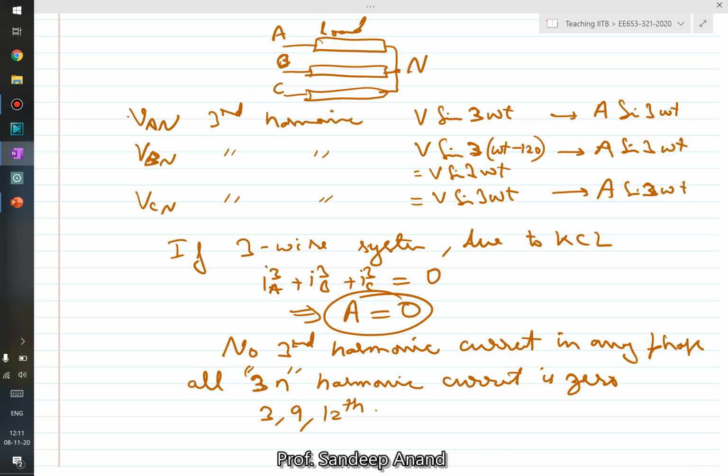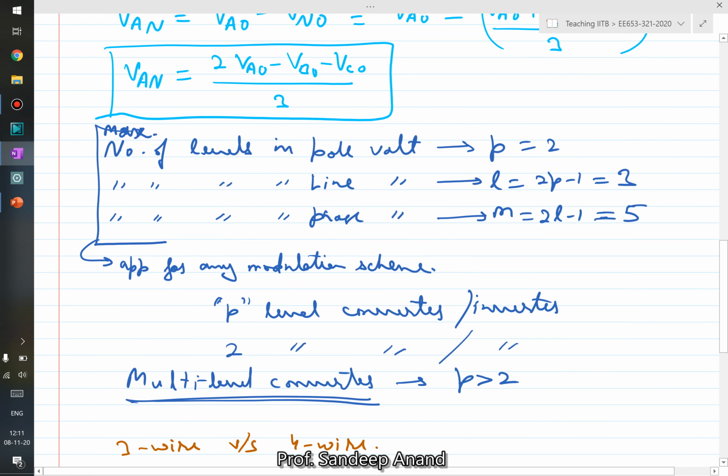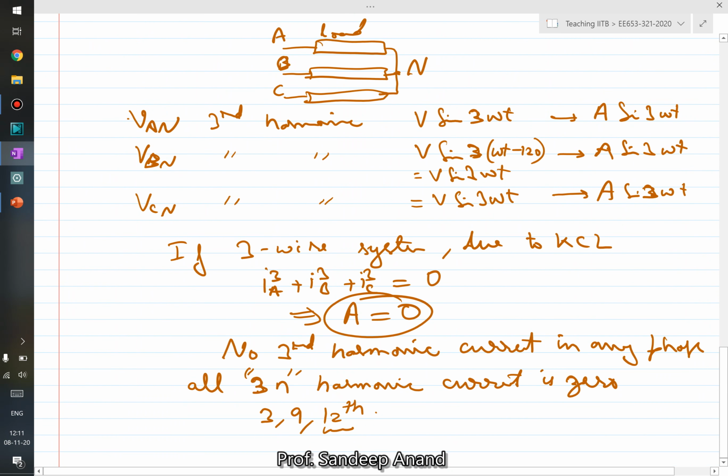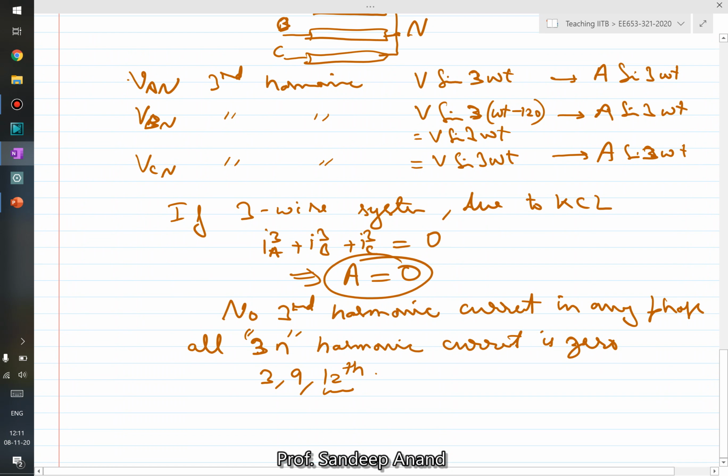They are anyway even harmonics. Because our waveforms, if you see the VAN waveform, it's a quarter wave symmetric waveform. So the even triple N harmonics are anyway 0. Now we are able to make the odd triple N harmonics 0. That means 3 times 1 is 3, 3 times 3 is 9, 3 times 5 is 15, and so on.